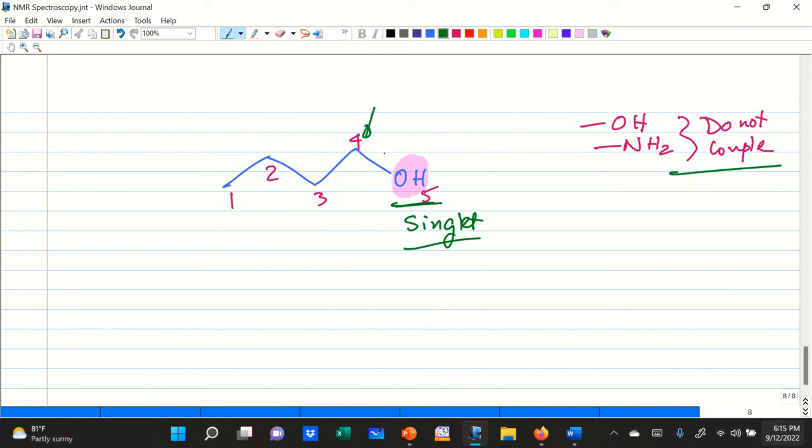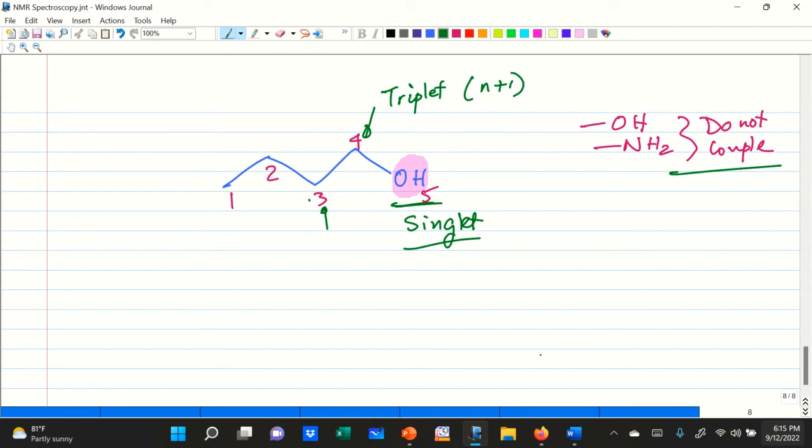Now this one also will not couple with the proton of oxygen, it will only couple with the protons of the carbon number 3, for example. Well, this is not real nomenclature, I'm showing only the different types. So 3 has 2, so the signal due to 4 is going to be a triplet. This is how you use the rule n plus 1, counting the neighboring protons, not its own kind.